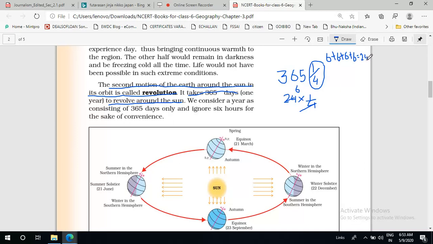So on every fourth year one additional day is saved by the earth, and on every fourth year we experience one additional day in a year, and that is 366 days in a year.